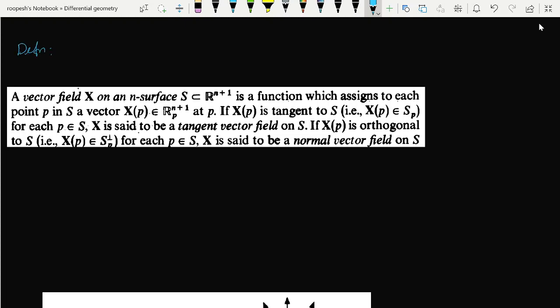So, definition. Suppose we have got a surface here and a vector field on each point of this surface.